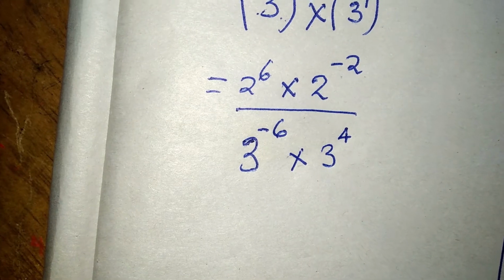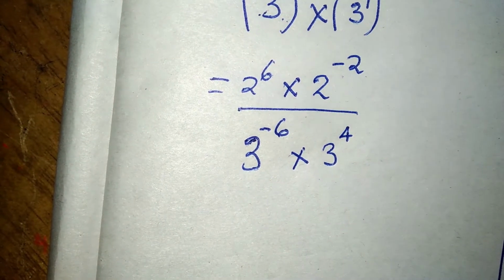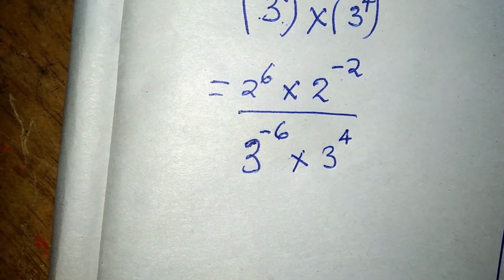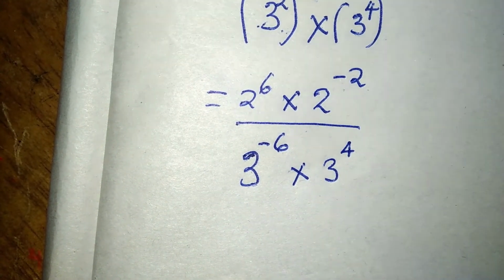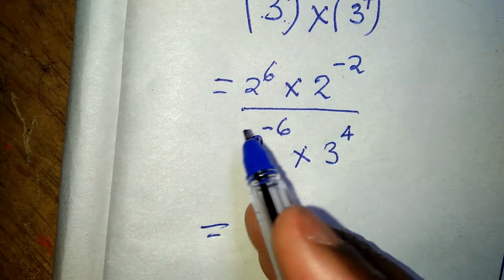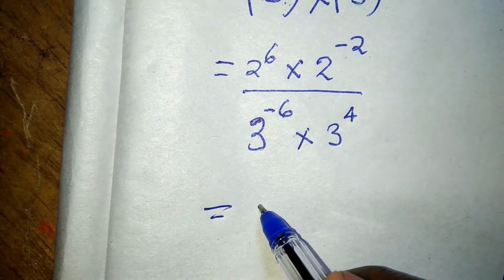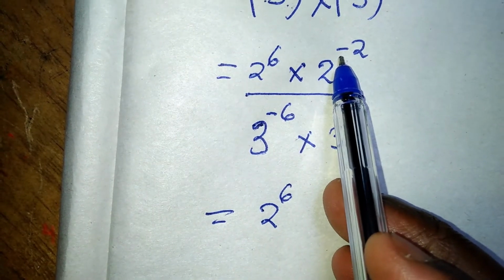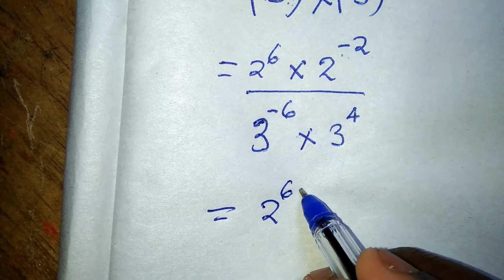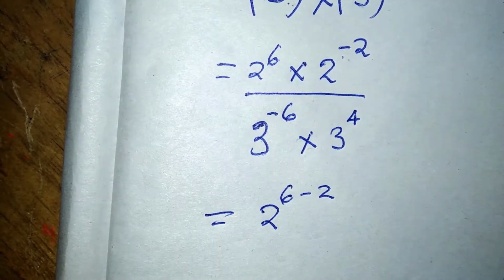As you can see, the denominator and the numerator have common bases in each case. So in the numerator, we can multiply these together. We get 2 raised to 6. We add negative 2. If you add negative 2, it is the same as subtracting 2.